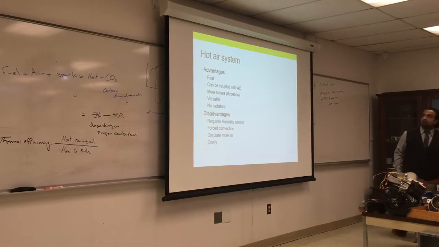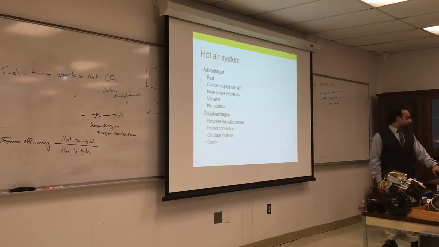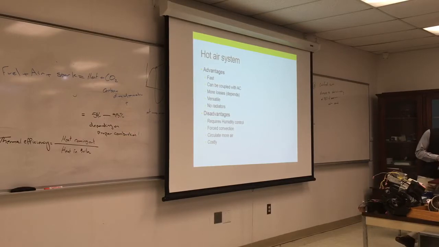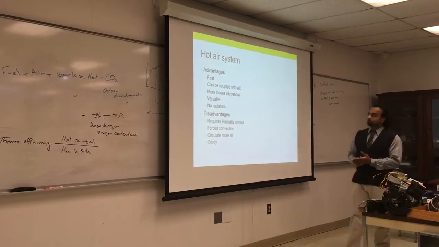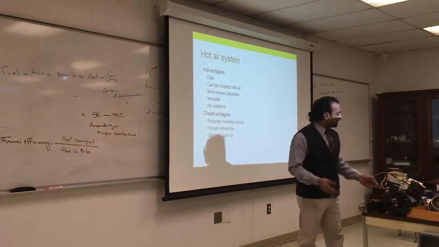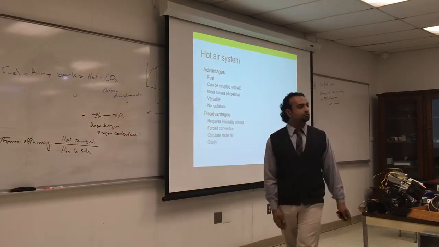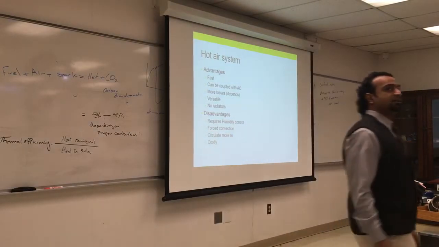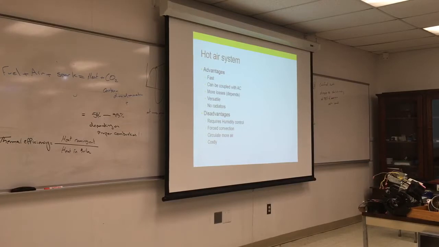Okay. Hot air system. Let's talk about that. So, what are the advantages and disadvantages of a hot air system? What is hot air? This is hot air. They call it hot air. They call it forced air. So basically, we're using the heat to heat air, which is good because we are sitting in the air now.